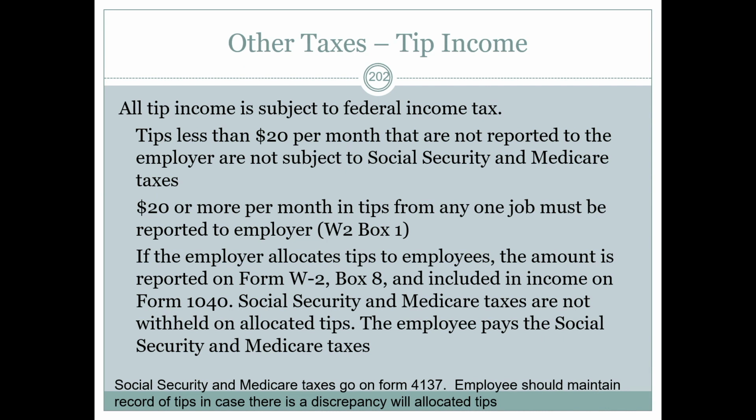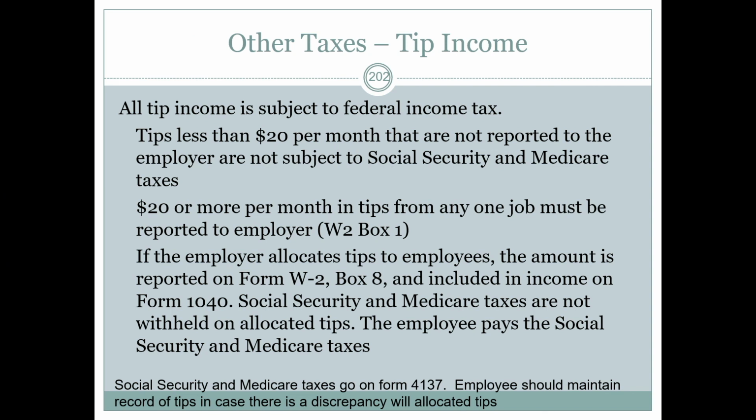If the employer allocates tips to employees, the amount is reported on Form W-2, box 8, and included in income on Form 1040. That's why it's so important that you mirror in TaxSlayer the source documents, such as the W-2.